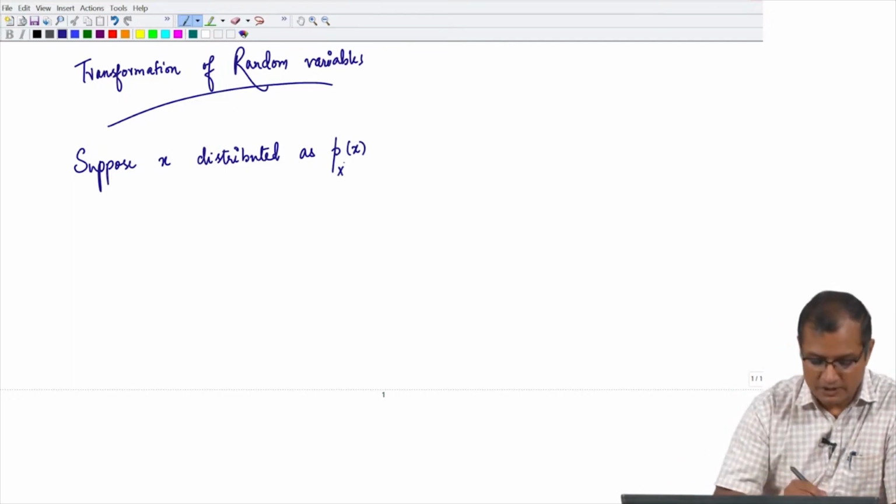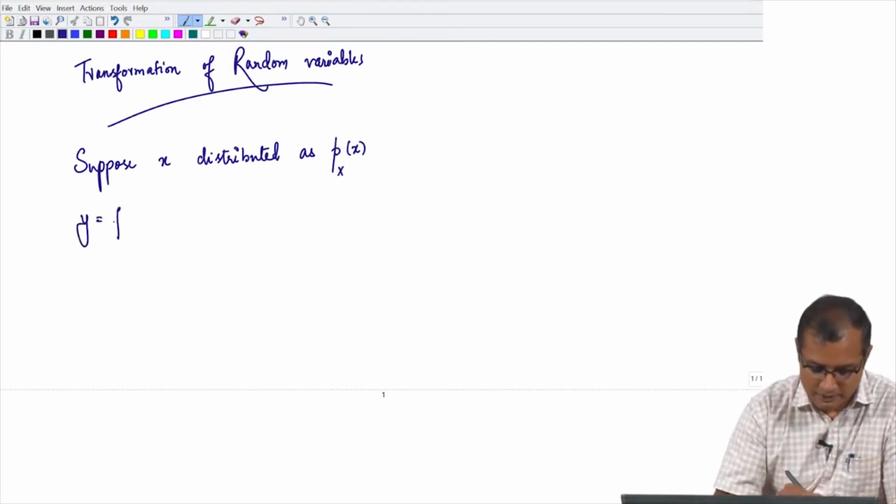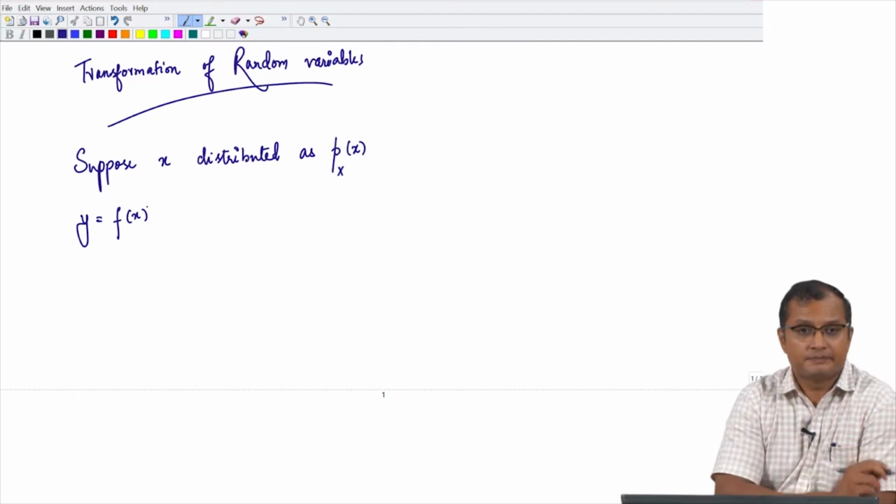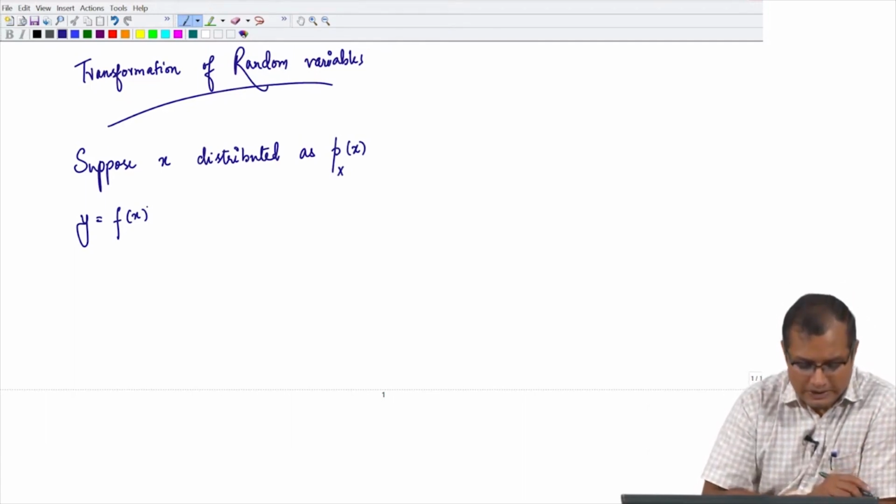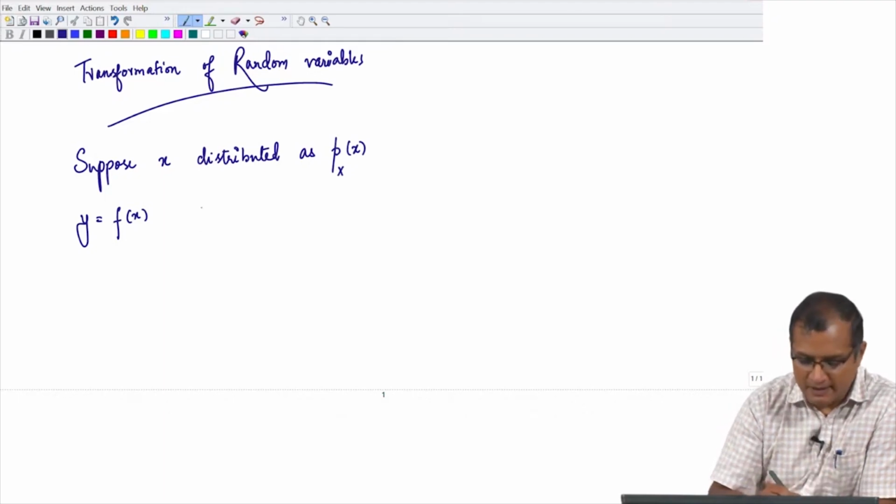Now, you have a function y that is given as f of x, and this relationship is sort of a one to one mapping in the sense that I can invert this equation to get the values of x by simply saying that x is f inverse of y.